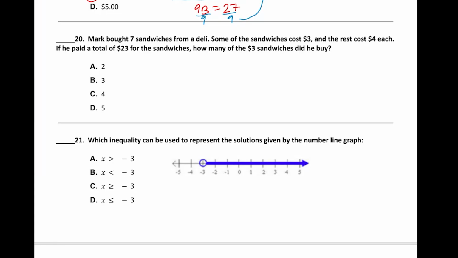So there's really 2 variables here. It seems like there might just be one, but the 2 are for the 2 different costing sandwiches. So how about we let x be the number of $3 sandwiches, and we'll let y be the number of $4 sandwiches.